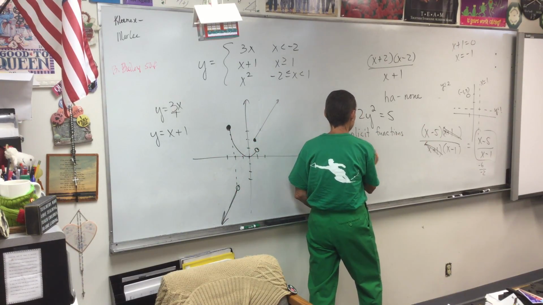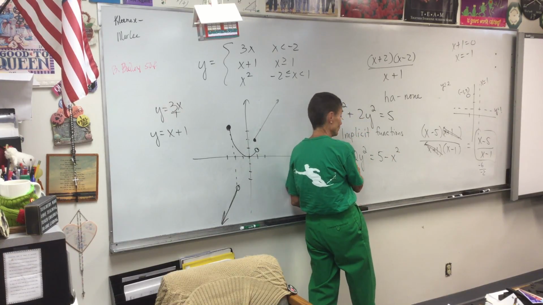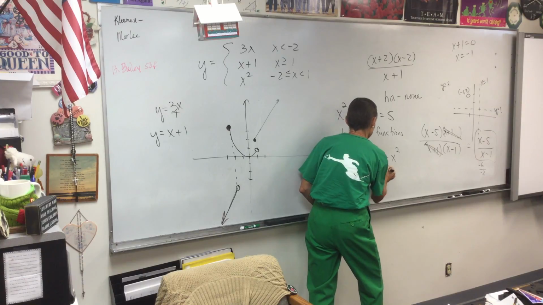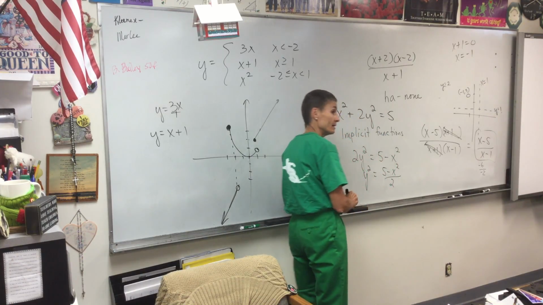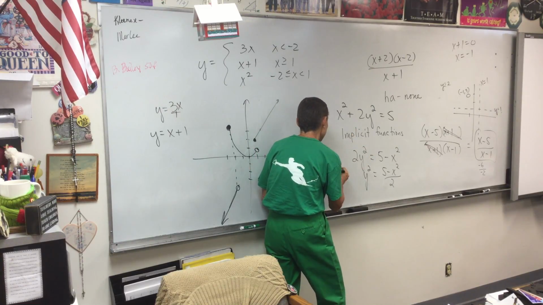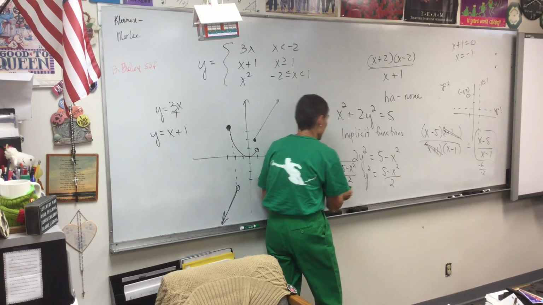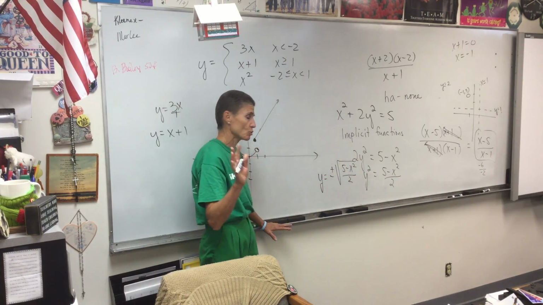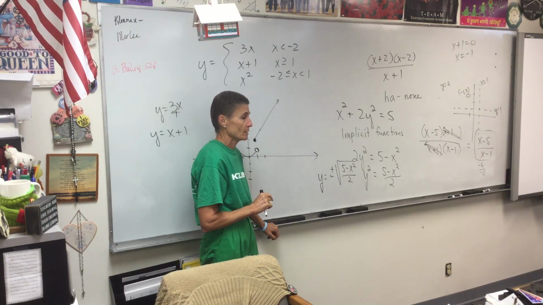So we'll have 2y squared equals 5 minus x squared. Then we'll divide by 2. And then the last step is square root. And when we square root, we say plus or minus. And you can just leave it like that. It's just the square root. Don't try to simplify it. Don't mess with it. Just leave it.